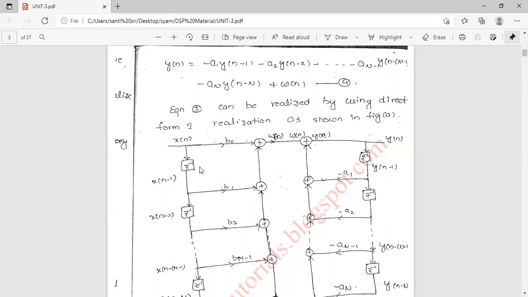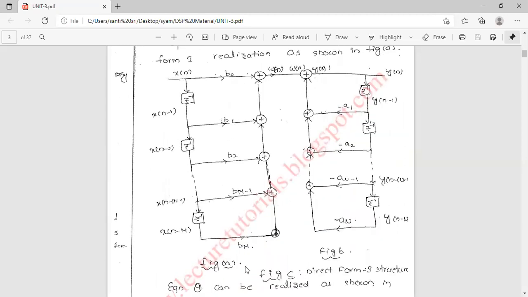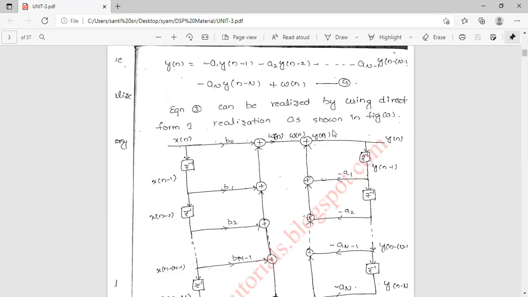This is z inverse, okay. So these all will be added: b2 into x of n minus 2, bm minus 1 into x of n minus m plus 1, plus bm into x of n minus m, all will be added. So this will be equal to w of n.